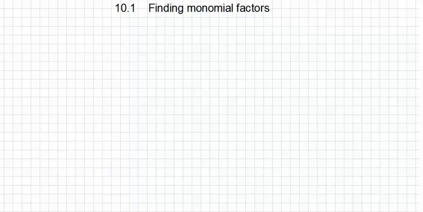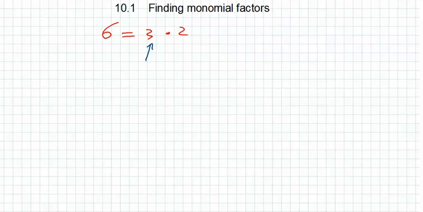Welcome to our new lesson, the beginning of chapter 10, finding monomial factors. If you remember, when you multiply 2 times 3, you will have 6. We can call these numbers factors of 6.